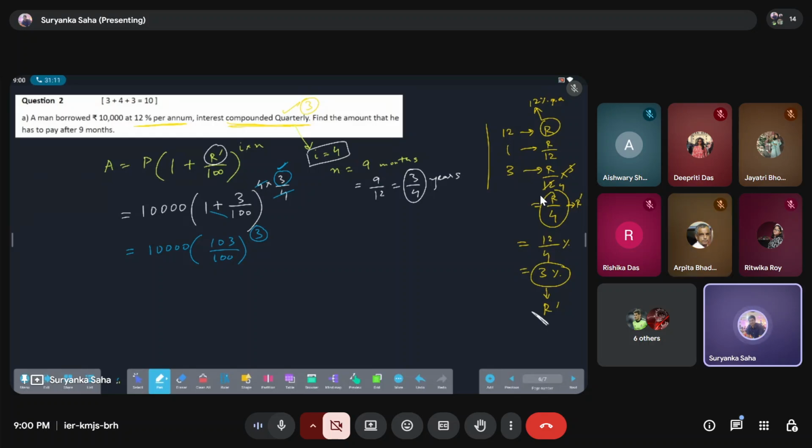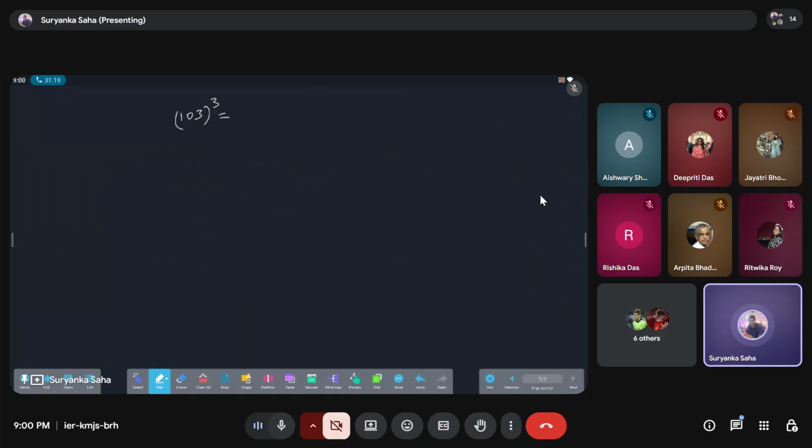Answer key is also given, I have given the answer key. Let's see, let me do 103 cube. Over here, 103 means 100 plus 3 whole cube, so it will be a cube plus b cube plus 3ab, 3 into a into b, into a plus b.